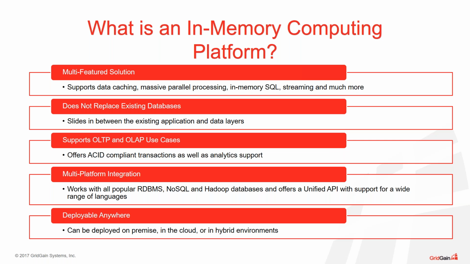Basically, we provide a lot of features like caching, compute, parallel processing, in-memory SQL, streaming data analysis, and there's no need to rip and replace your existing application or persistent store because we have a unified API, and we also speak SQL, so we can just insert our computing platform between your application and your existing database to provide the performance and scalability of an in-memory solution.